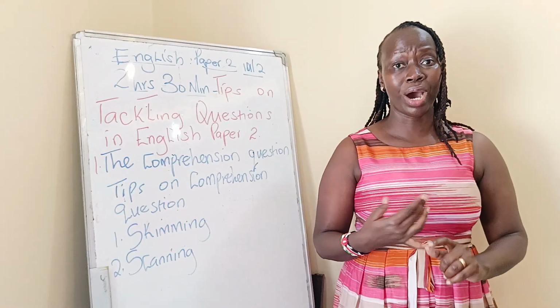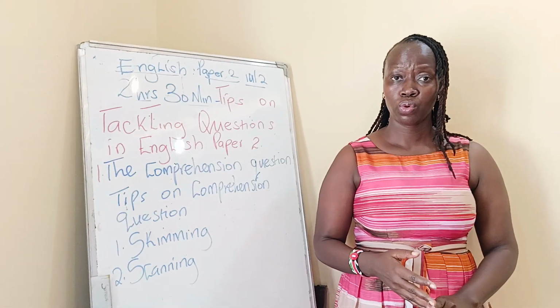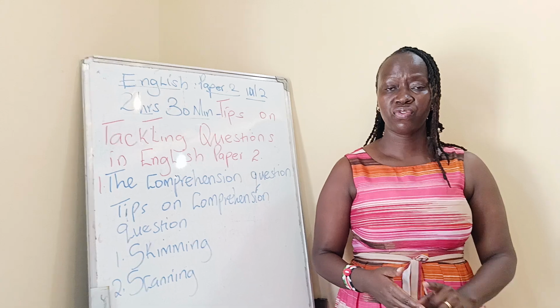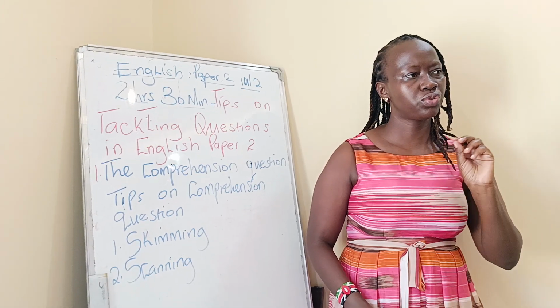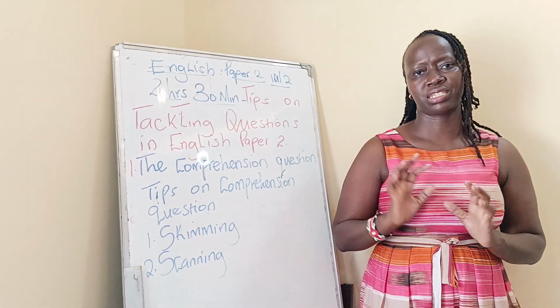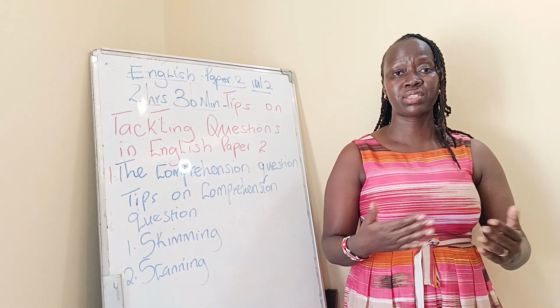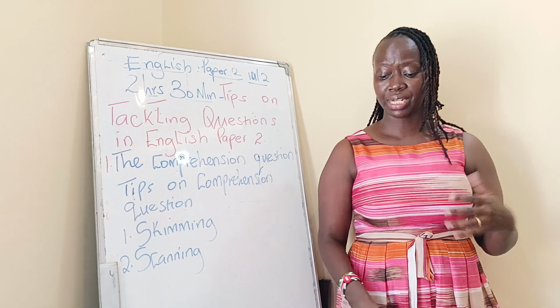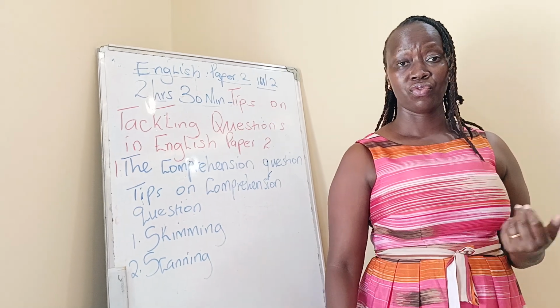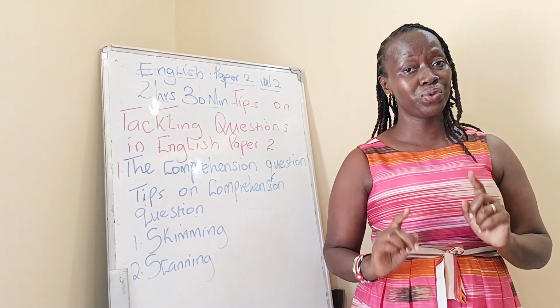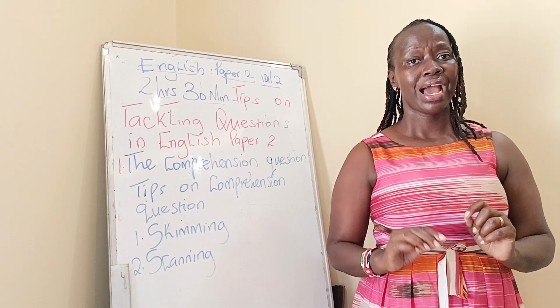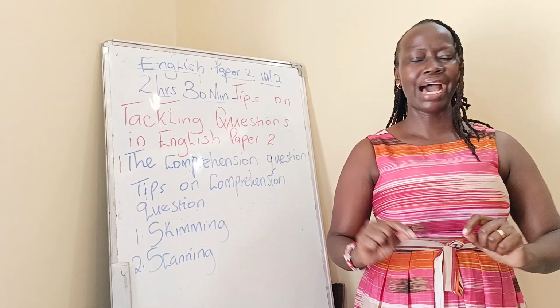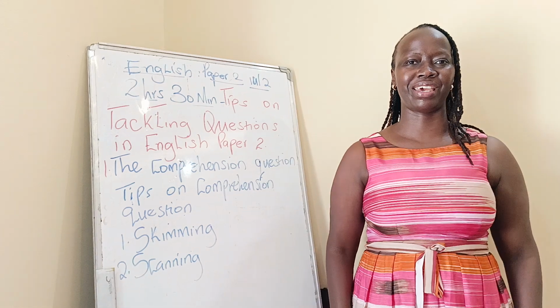Look at question 1, 2, 3, 4. Don't look at question 1 and the next question you're looking at is question 4. It will mess you up. That information is meant to flow. You patiently ensure that the information flows. If you want to do very well in comprehension, do that, and your life will never be the same again.